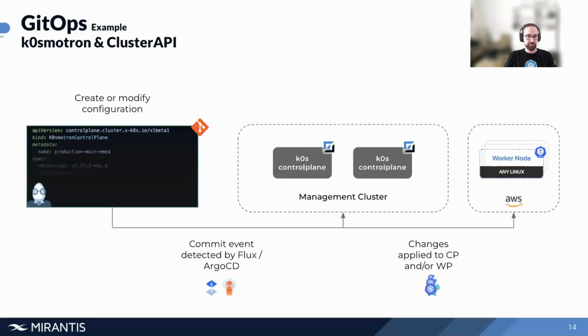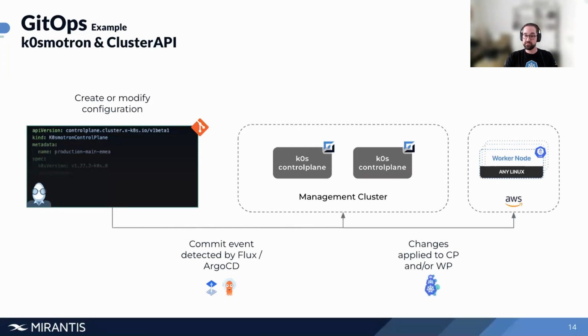An example of cluster API usage, or k0smotron and cluster API, can be that you completely define your infrastructure and how the Kubernetes clusters look in your own Git repository. That can be GitLab, can be GitHub, can be any other Git that you want to use.